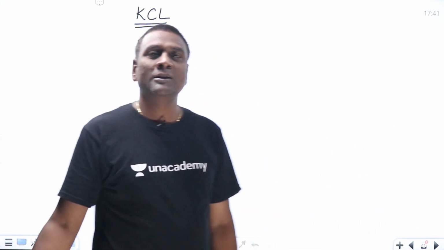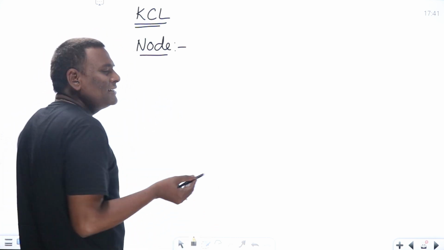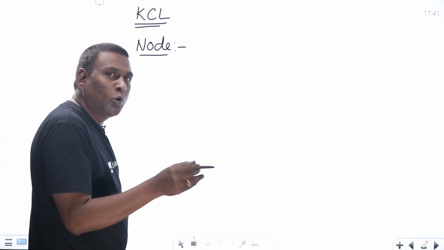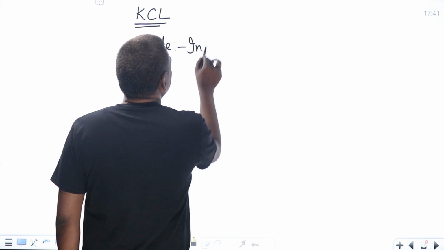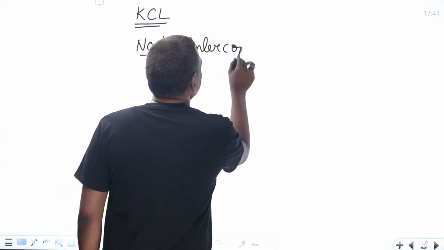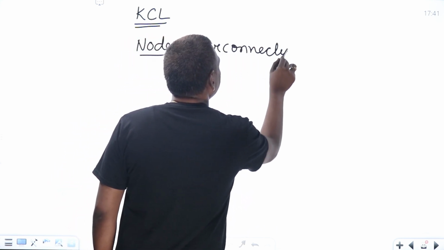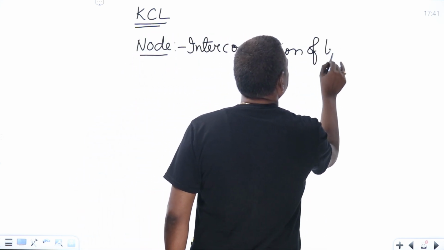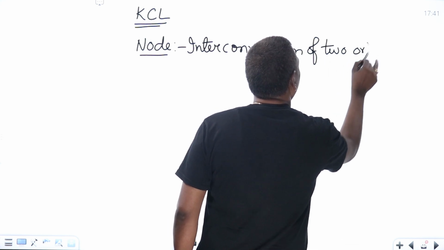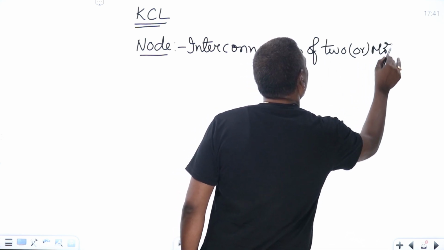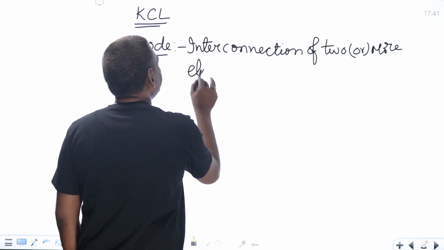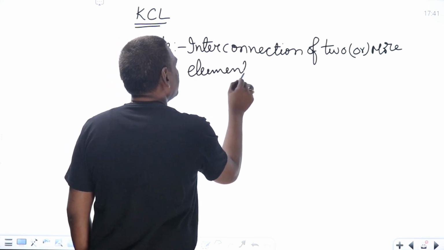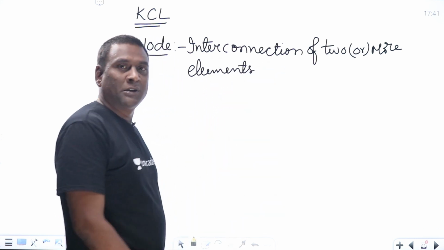Node does not have any basic property of its own. Rather, it's just an interconnection of two or more elements or properties, we can say. Right, that is nothing but the node.